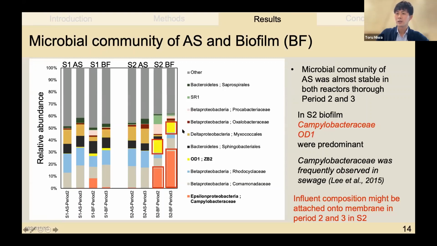I found that Campylobacter and OD1 were predominant in the gel biofilm. Campylobacter was frequently observed in sewage and the influent, so influent composition might be attached onto the membrane, and then gel biofilm is formed. It is indicated.